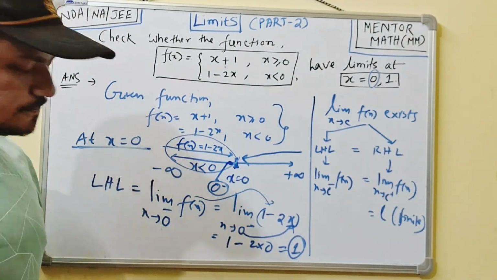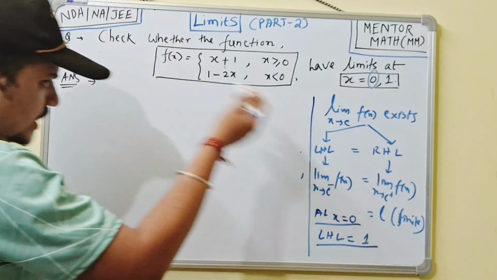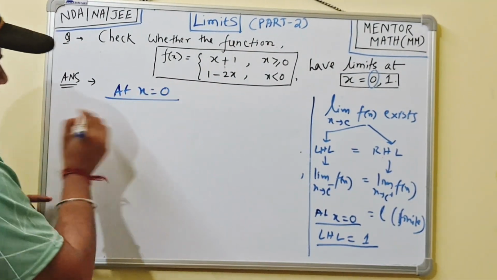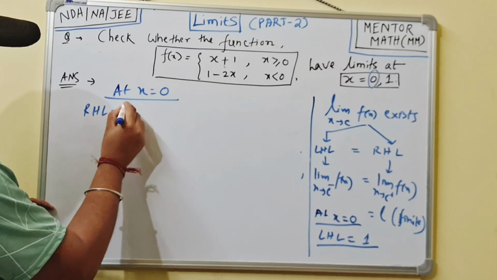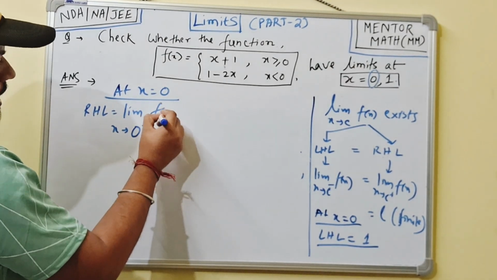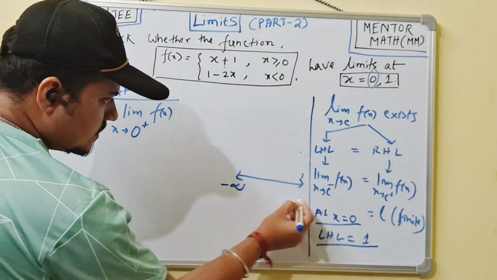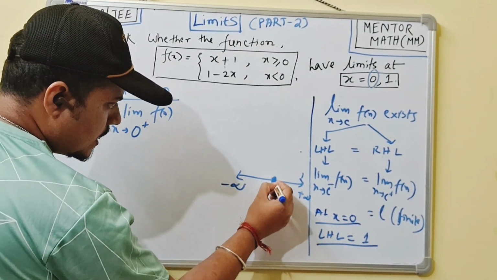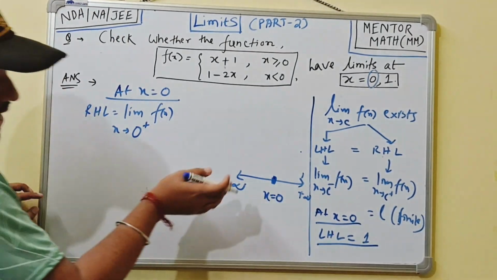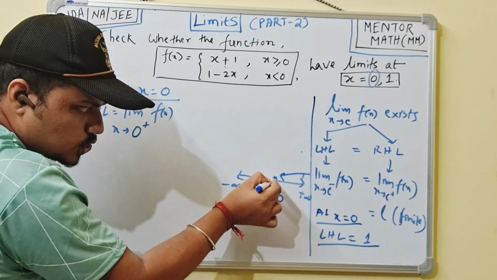Now copy please. Now you have to check the right hand limit at x equal to 0. Right hand limit means limit x tends to 0 positive f(x). If I draw the diagram, minus infinity to plus infinity, here is the x equal to 0 point, and you come from the right hand side close to 0.